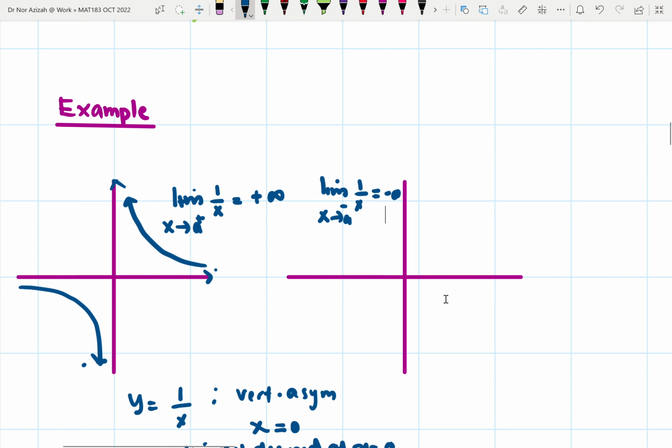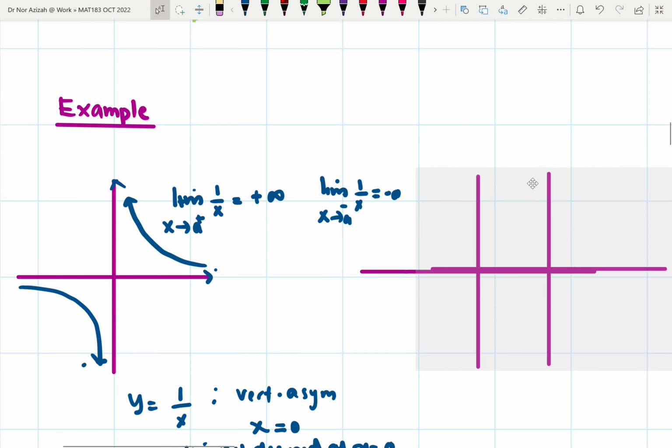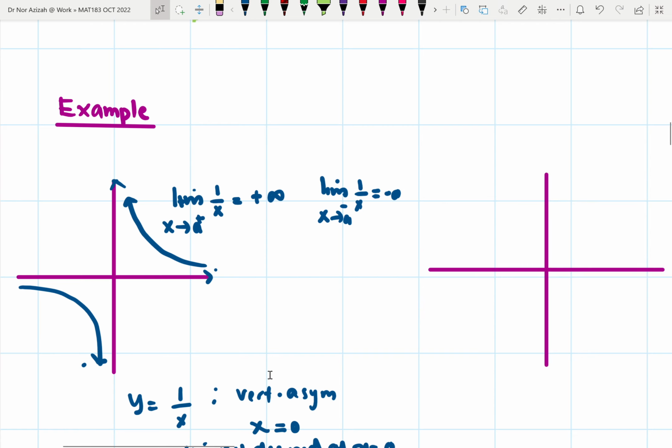Okay, this one is negative infinity. So you can see that these values are not equal.